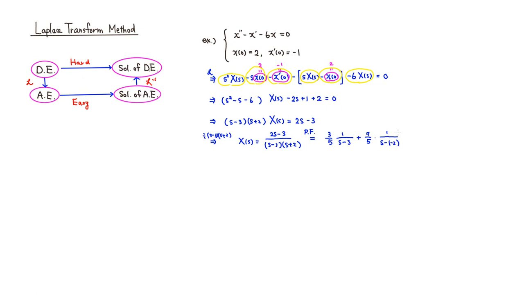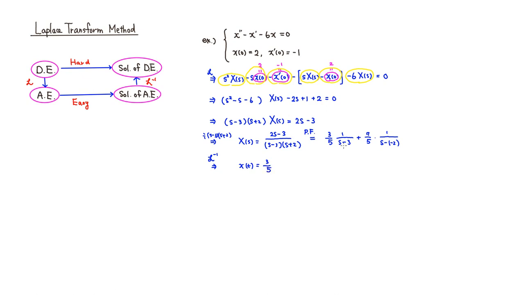In order to go back to the original lowercase x of t, we take the inverse Laplace transform. The inverse Laplace transform of capital X of s is lowercase x of t. Then we just have to find the inverse transform. The 3/5 is just a constant, so I'm going to put it here.